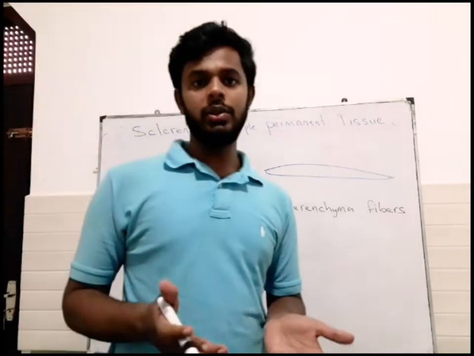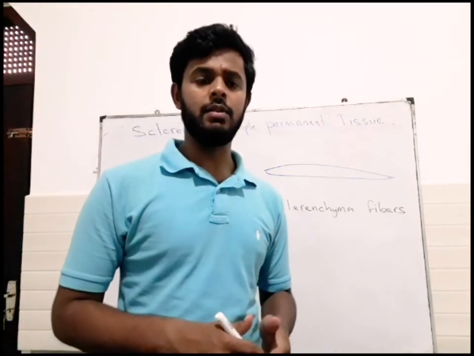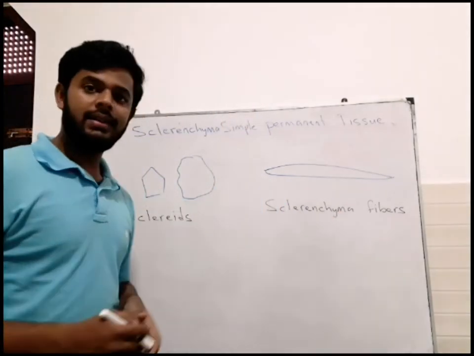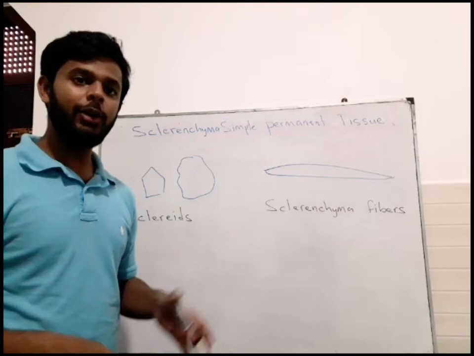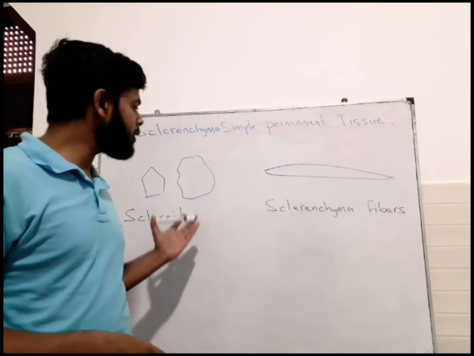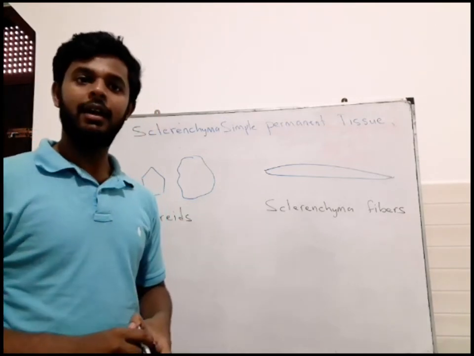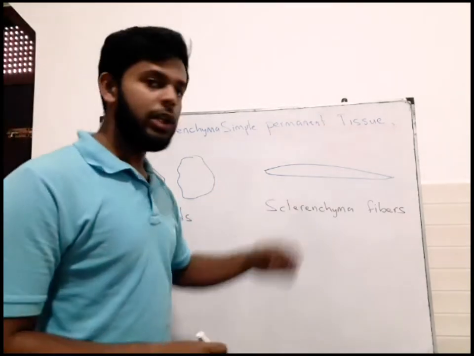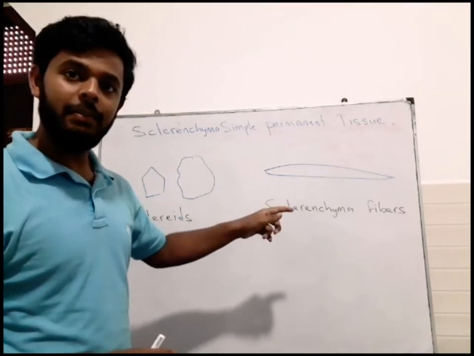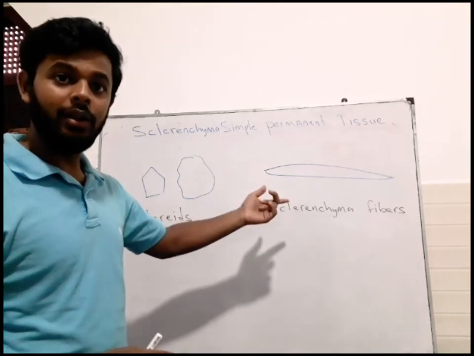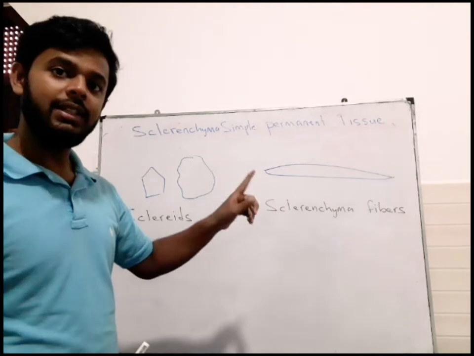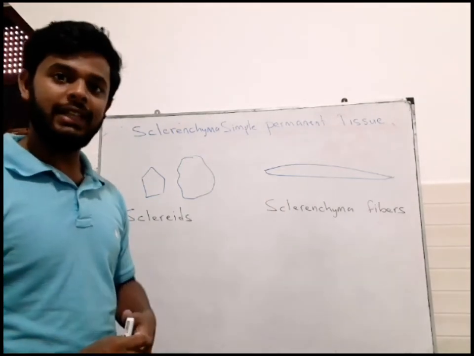Other than this difference in physical features, most of the functions of these two cells look similar. So we will look at some general features common to sclereids as well as sclerenchyma fibers. In both cells, the plant cell contains a cell membrane and, in addition, a cell wall. But in parenchyma and collenchyma there is only a primary cell wall.